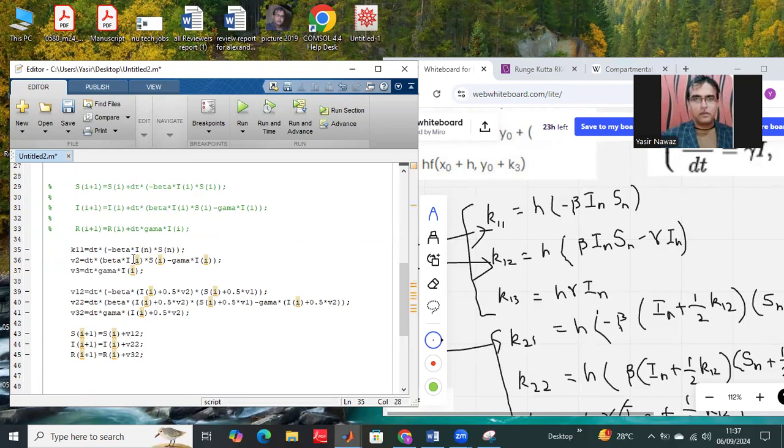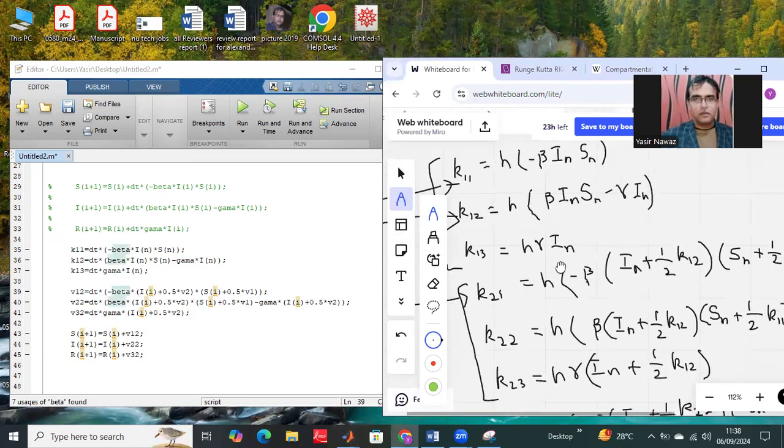Then that would be K12, which is beta into In Sn minus gamma In. And then K13, where dt is the step size h, gamma is the parameter, and I.